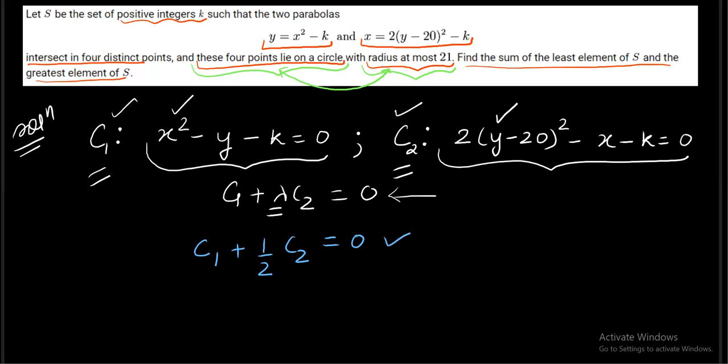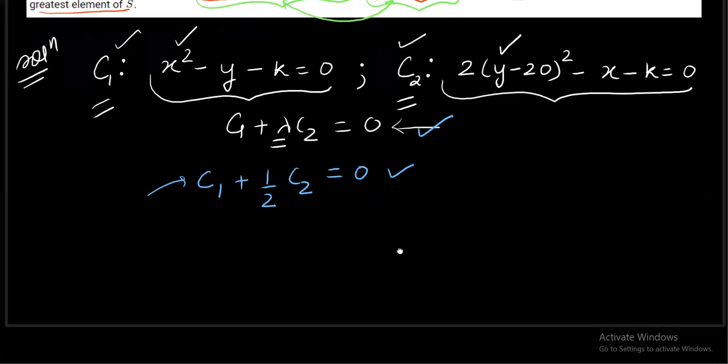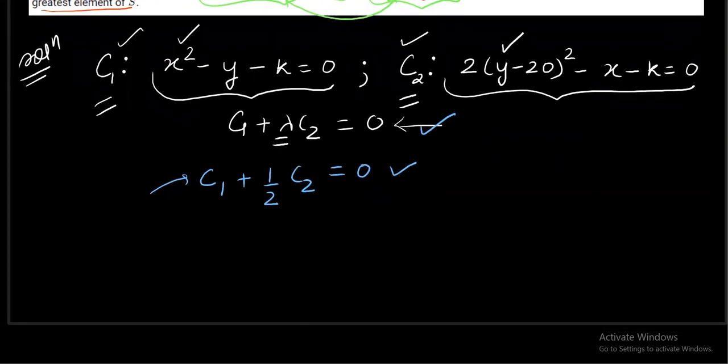This is of the form C1 plus lambda C2. That's why this curve will definitely pass through the points of intersection of C1 and C2. Secondly, when you look at this equation, you will find that it represents a circle. So C1 plus lambda C2 is actually the equation of a circle passing through the points of intersection of C1 and C2.